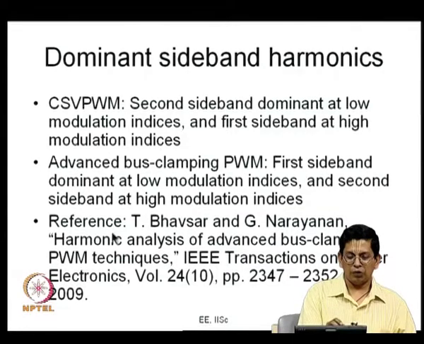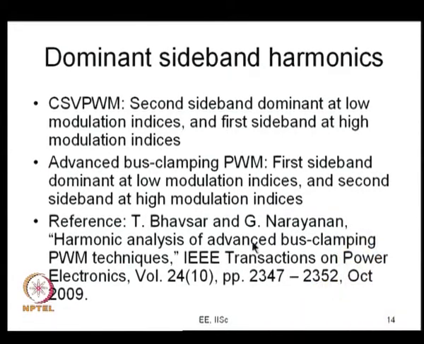I am giving you a particular reference: T. Bhavsar and G. Narayanan, "Harmonic analysis of advanced bus clamping PWM techniques". This paper gives a comparison of the dominant sideband components of conventional space vector PWM and advanced bus clamping PWM.